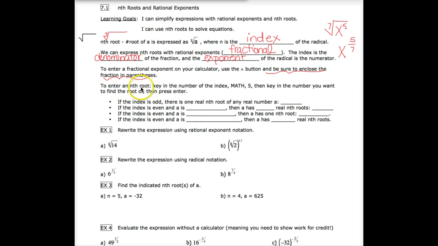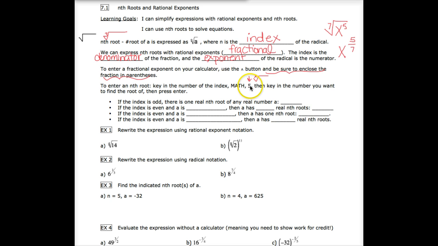If we want to enter an nth root, we did this earlier in the year, but I'm sure many of you don't remember. You have to key in the number of the index first. So if you want to enter in a 7th root, you have to press 7 first, and then you hit the math key. Then you're going to choose choice 5, because I think it looks like x root.